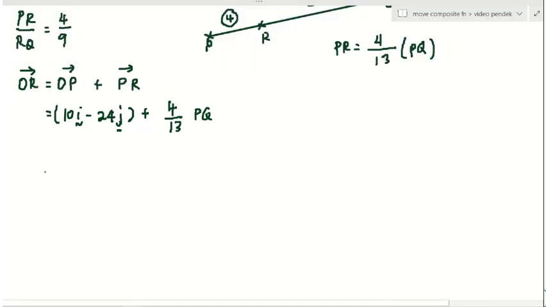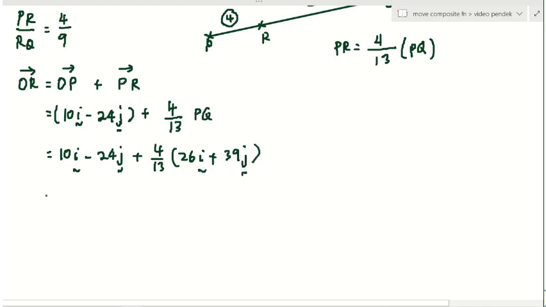We write down here: 10I minus 24J plus 4/13 of 26I plus 39J. So we solve by calculator.